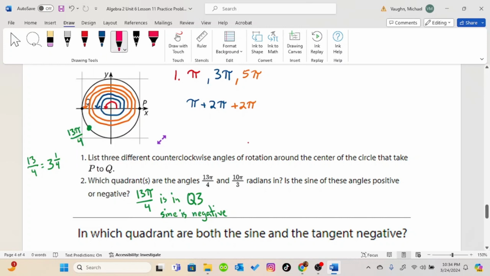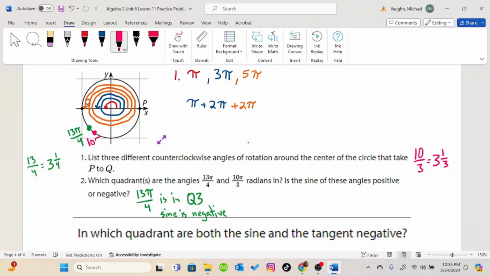Next, we have 10 over 3. That equals 3 and 1/3. So 1 pi takes us halfway, 2 pi brings us back to the start, 3 pi takes us halfway, and 1 more third brings us just past it.